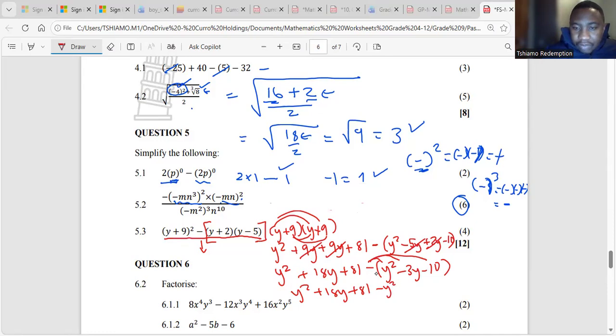This becomes negative y squared. The negative and negative becomes a positive 3y, positive 10. This and this cancel. 18 plus 3 becomes how much? 21y. And then 81 plus 10 becomes 91. Okay.